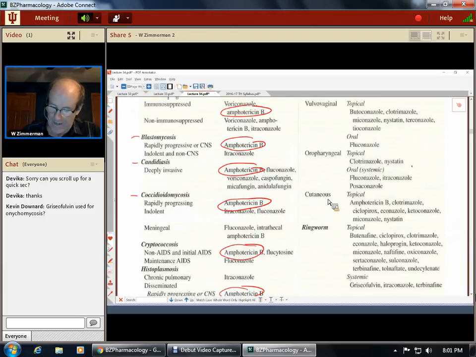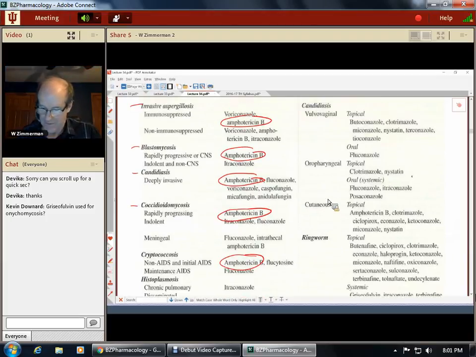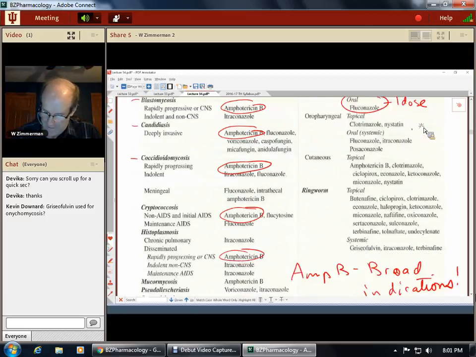Let's see, for candidiasis, we can go oral. A fluconazole tablet, one dose can treat a vaginal yeast infection. I'm just not going to.